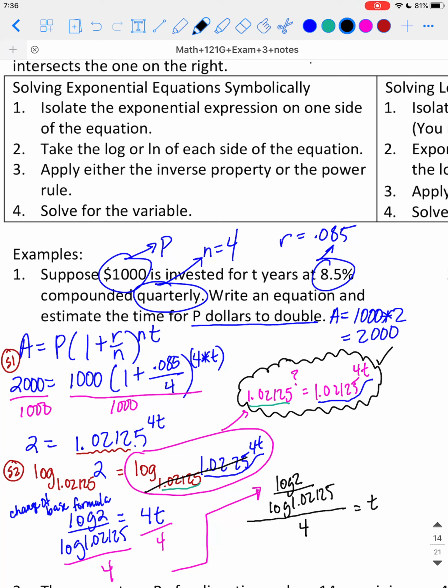And if you do that in your calculator, you're going to get that t is approximately 8.24 years.